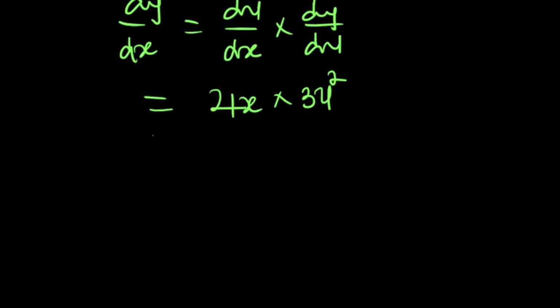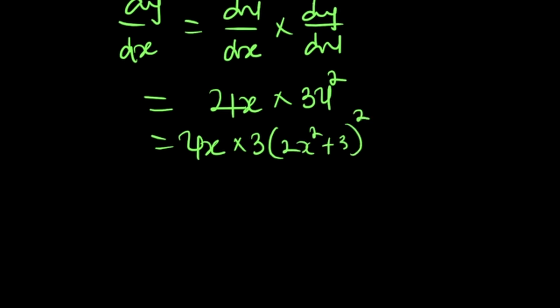Now, we replace the u with its value. We say this is equal to 4x times 3 multiplied by our u, which is 2x squared plus 3 raised to the power 2 in this case, right? Now let's multiply. 4x times 3 will give you 12x.